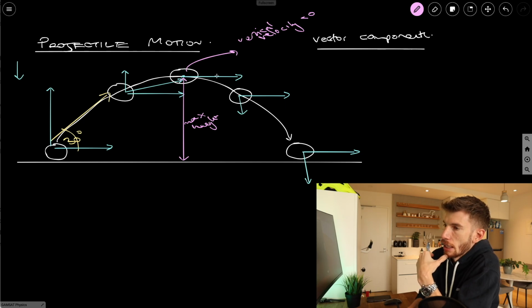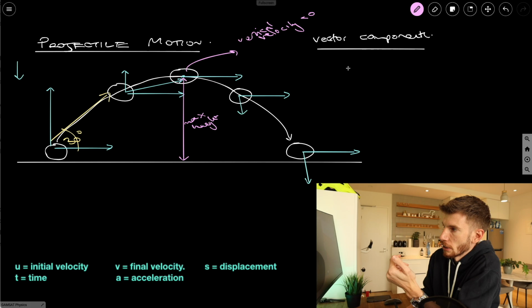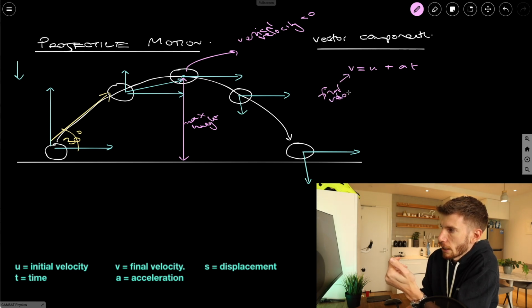And so in terms of working out the maximum height, they do give you formulas. So we can do, for example, v equals u plus at, where v is the final velocity of an object, u is the initial velocity, a is any kind of acceleration, and t is time in seconds.